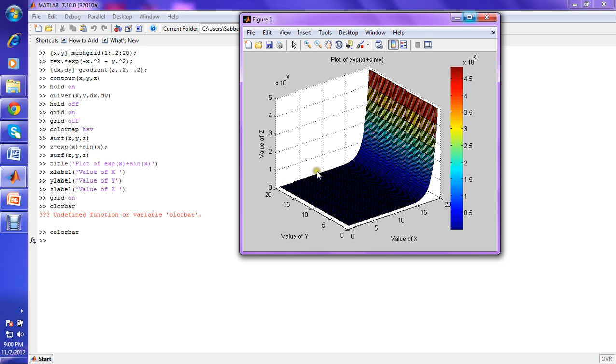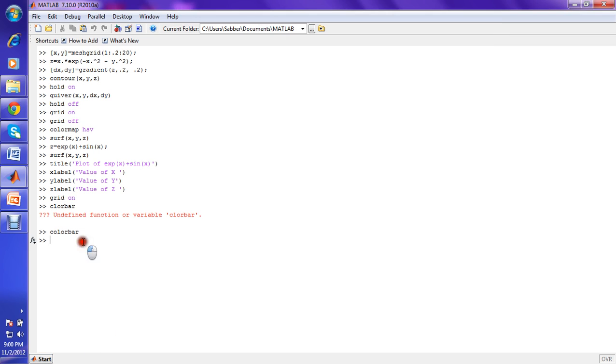This black represents almost 0 value, and so on. So it represents the G value. These are the color bar properties. If you do not want the grid, then we have to put grid off.